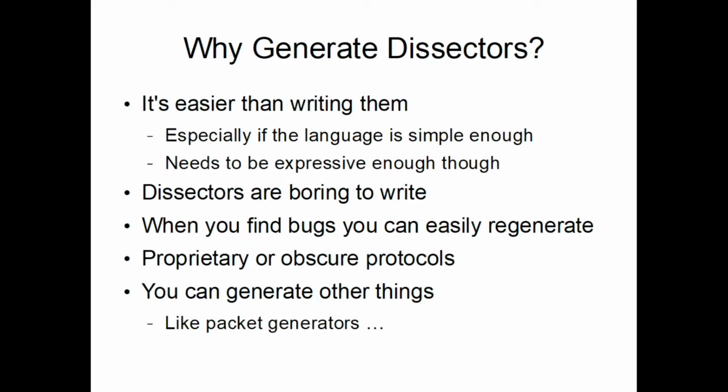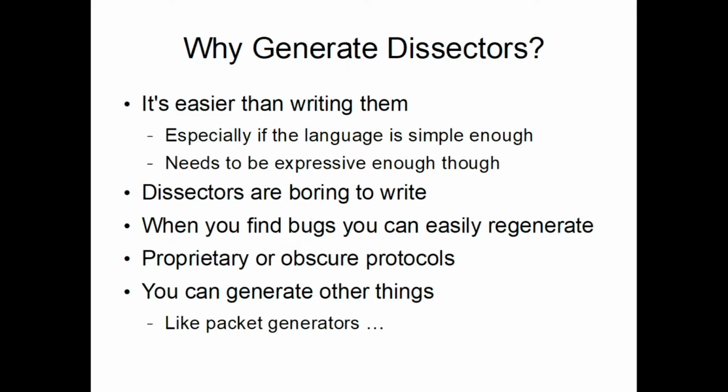If you have a lot of proprietary or obscure protocols that you're dealing with, there can be a lot of man-hours invested in writing those. And if the protocols are changing, then someone has to also be around. You have to employ someone or what have you to modify the dissectors as well.